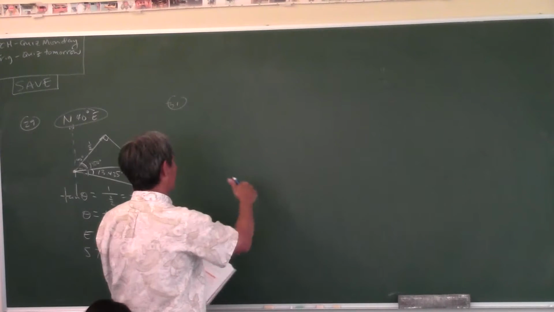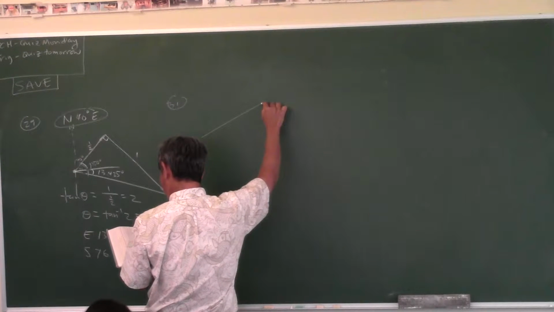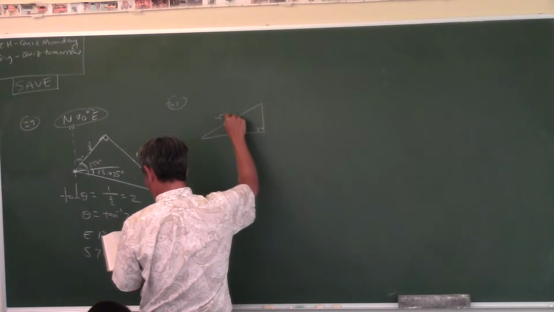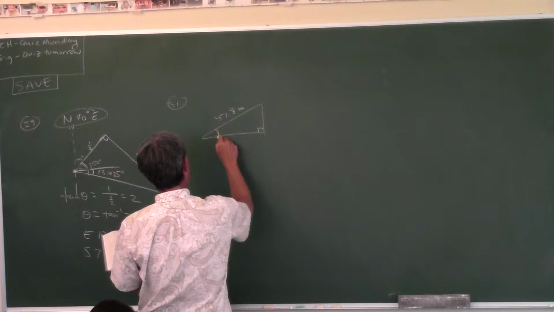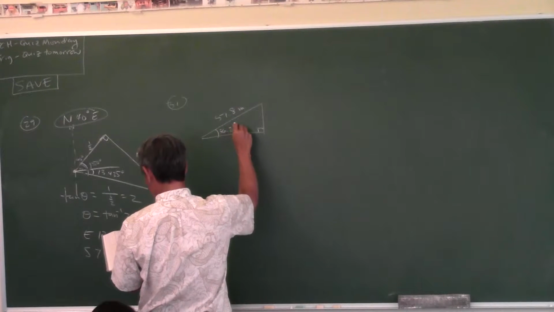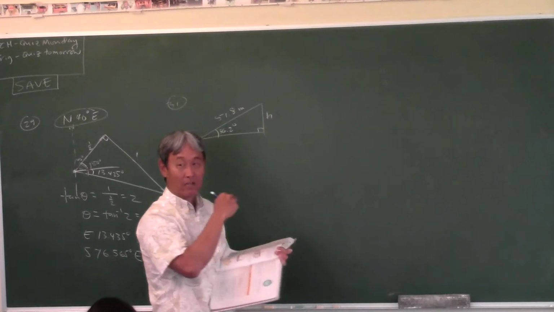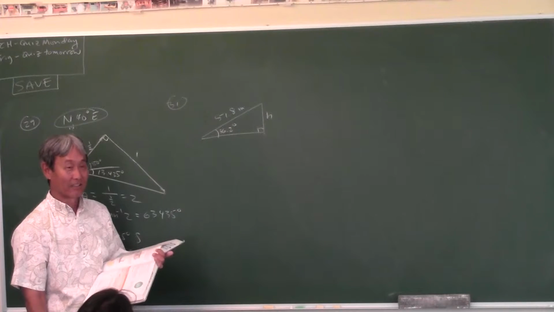So what you want to do is, there's an embankment that goes up to something like that. The length of the track is 51.8 meters, and the angle of inclination is 36.2 degrees. Determine the height of the embankment. Okay, if you just get rid of all the words, that's what you're going to find. Can you do it?